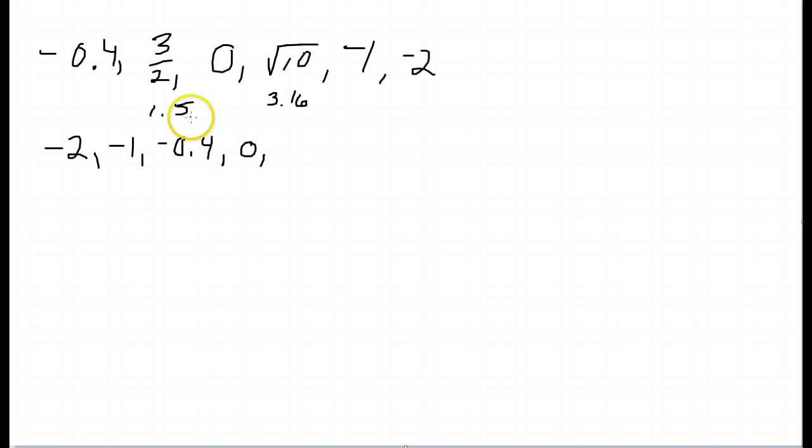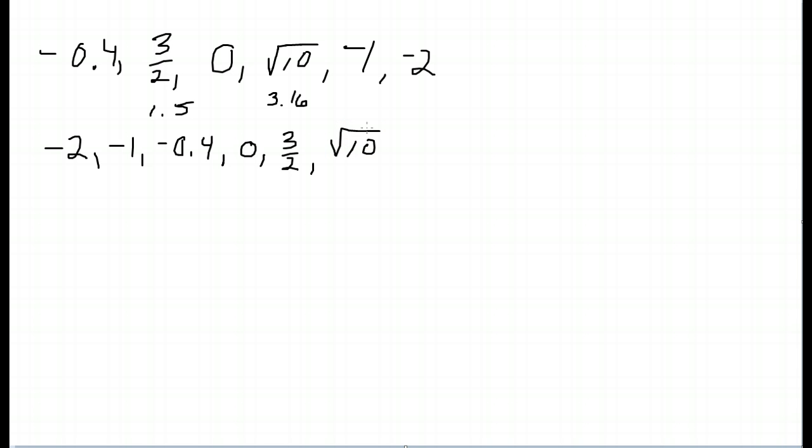They are the 1.5 and 3.16. Well, 1.5 is smaller than 3.16. That means that 3 halves, you notice I used the real number and not the decimal equivalent. Use the original always. And then last, square root of 10.